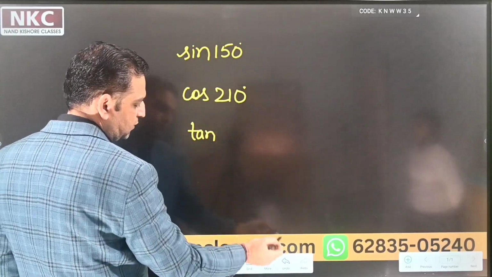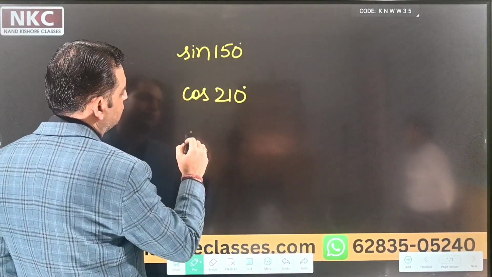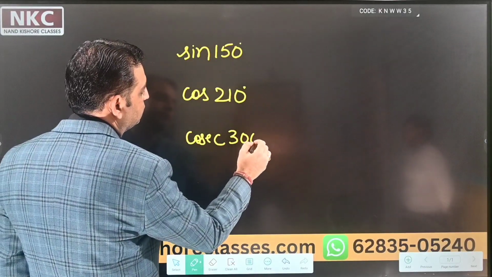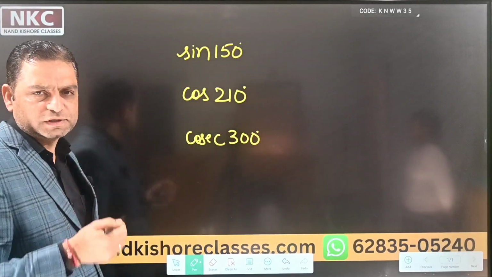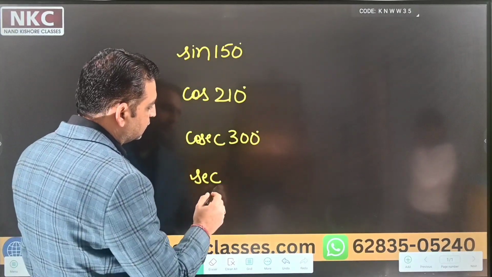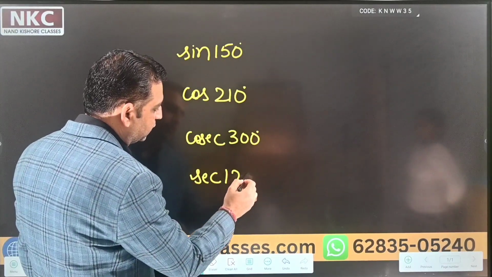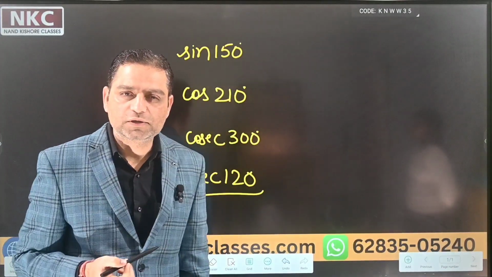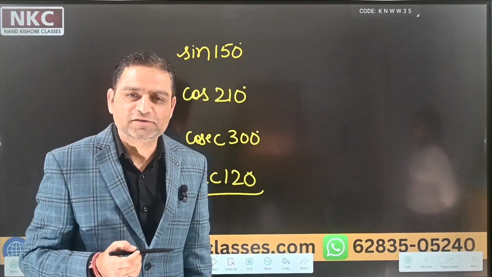Instead of tangent, go with cosecant: cosecant of 300 degree. And one more question I am giving for practice: secant of 120 degree. At least these 4 questions. Try them out with the process we learned today, and let us see who is giving the correct answer.